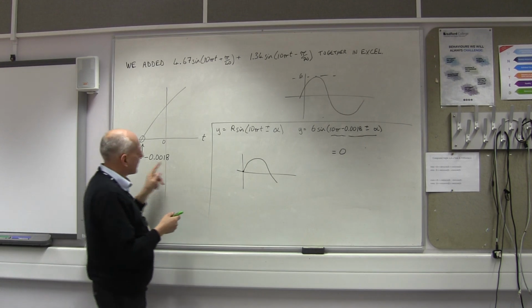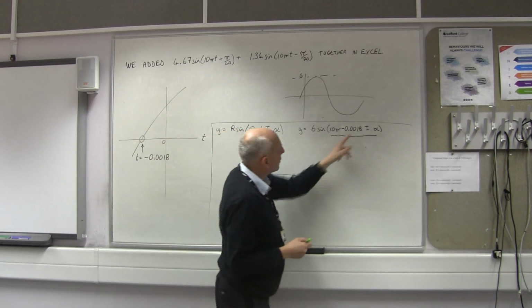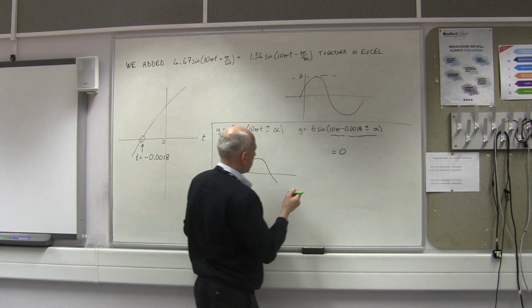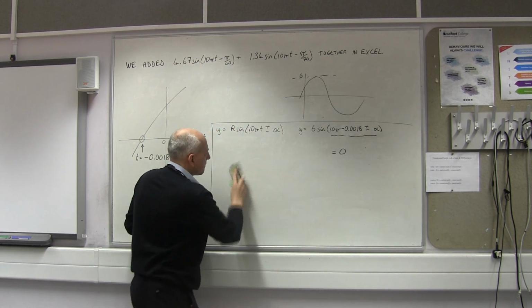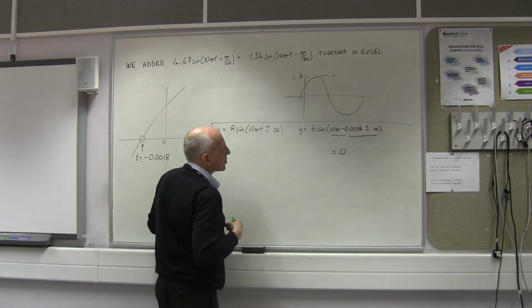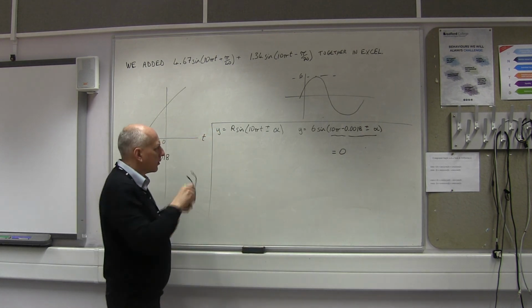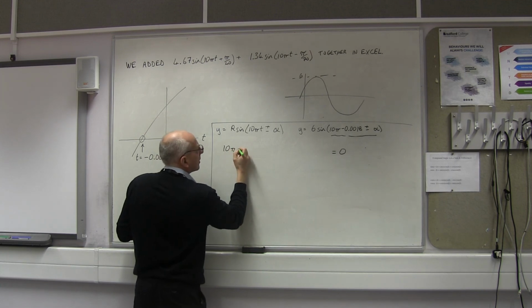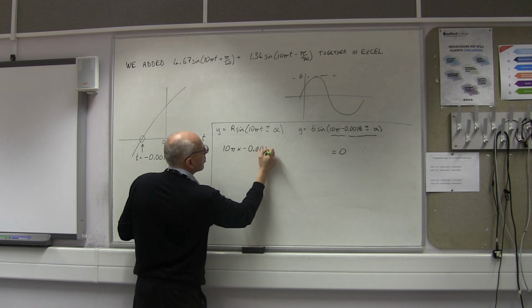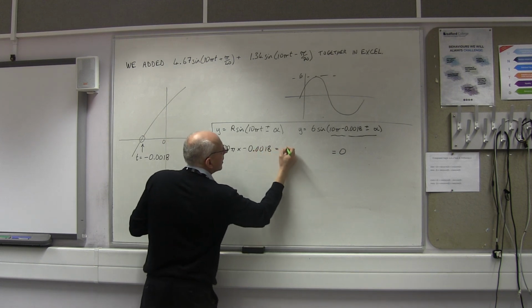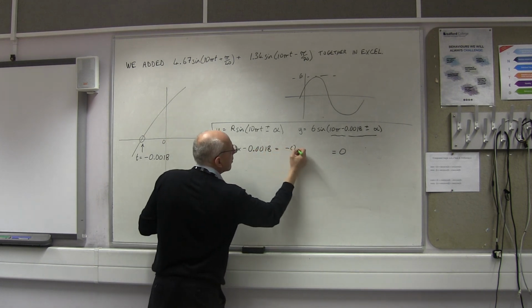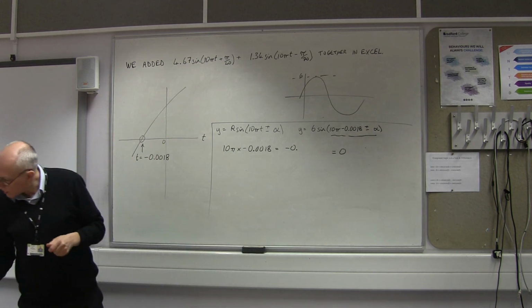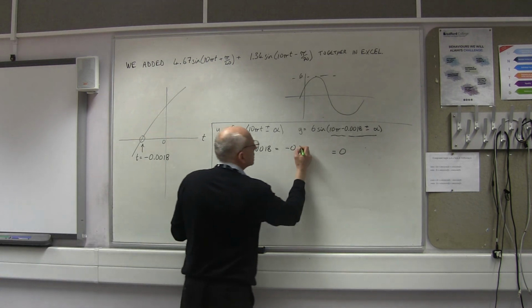So I look at that, put that into there, and for that formula it'll give me 10 pi times negative 0.018, which gives me negative 0.054, if I'm not mistaken.